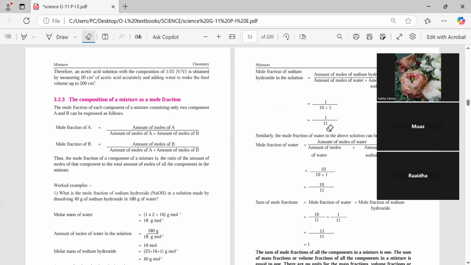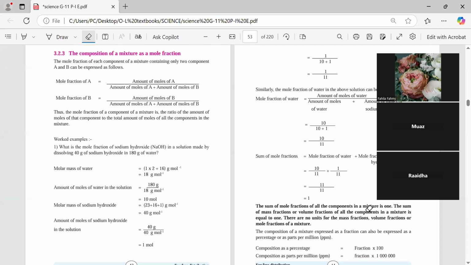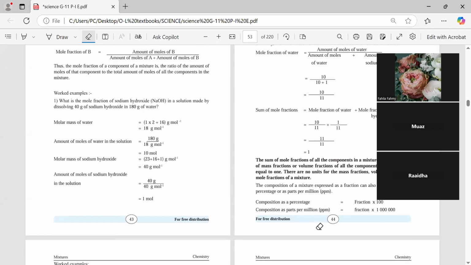You can see over here, 1 over 11 is the sodium hydroxide's mole fraction, and the mole fraction of water is 10 over 11. So if you add these two, can you see you're getting 1? 10 over 11 plus 1 over 11 is 11 over 11, that is 1. The sum of the mole fractions in a component is always 1. So that's basically what we know.